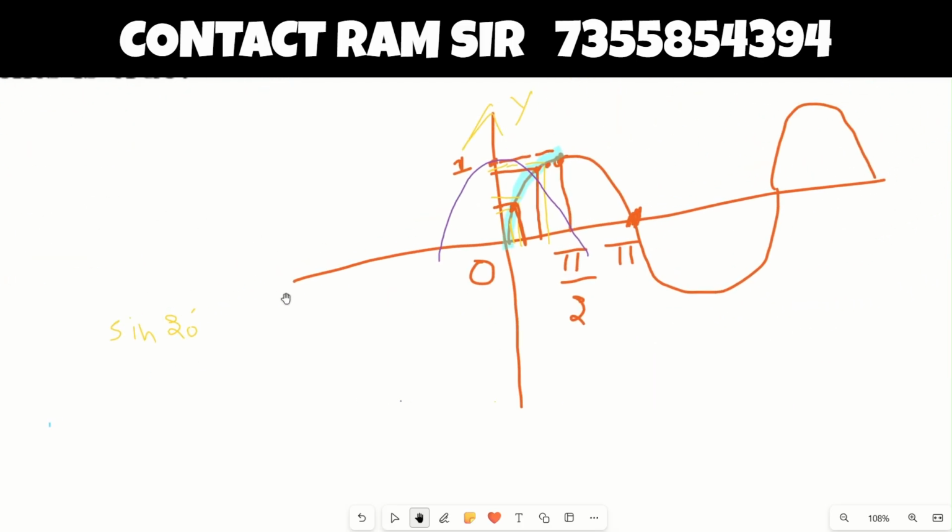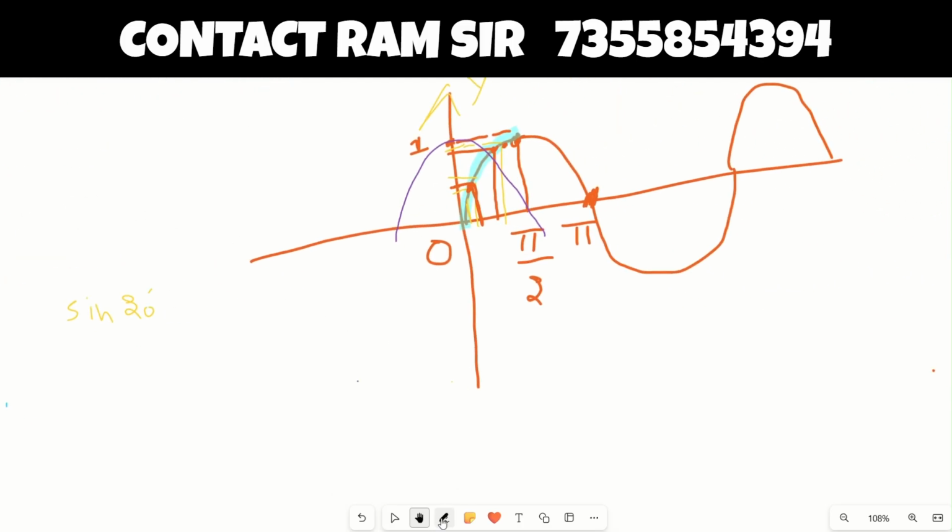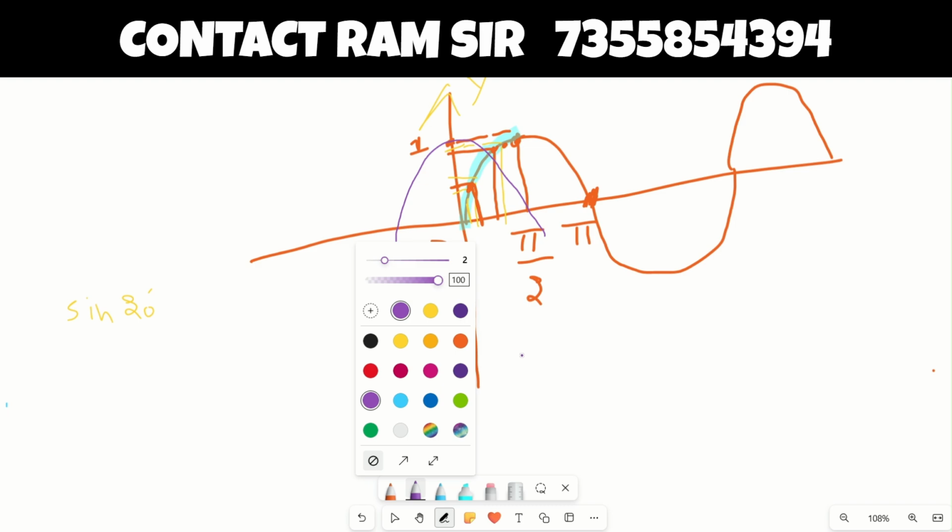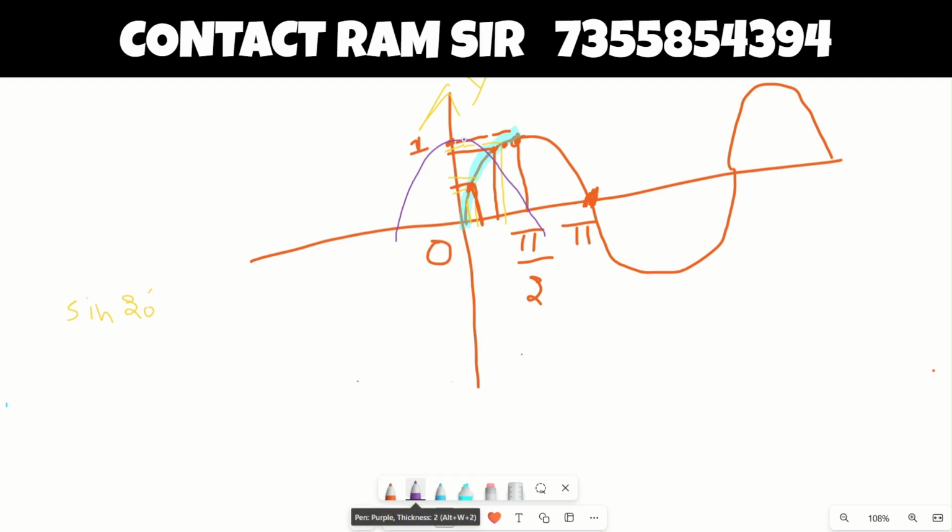Firstly I notice that this purple graph is a graph of cos, and this is a decreasing function from here to here. But the sine graph is increasing, but this one is decreasing.